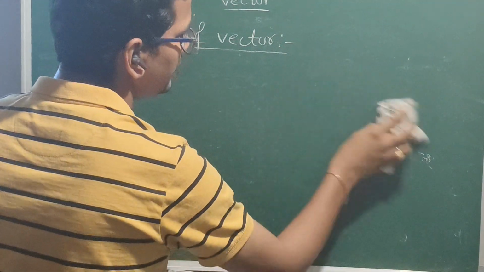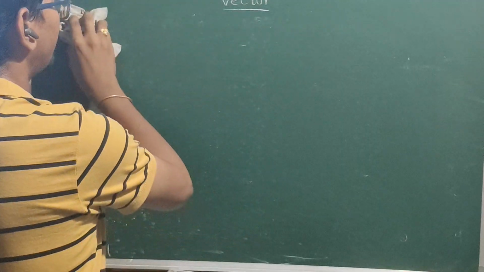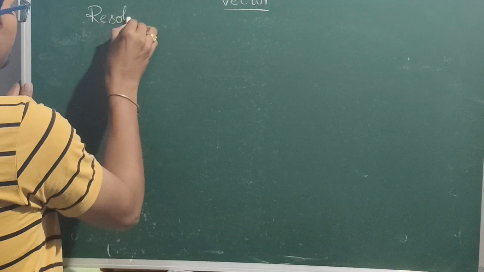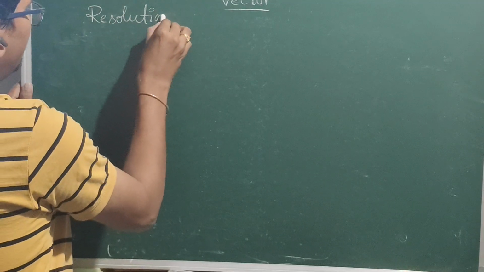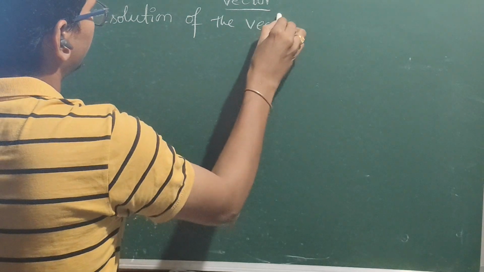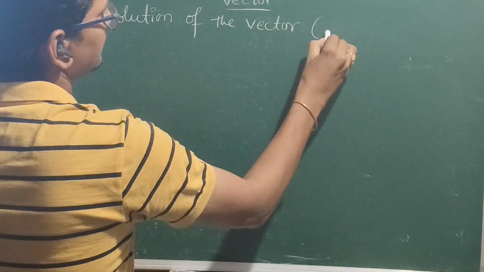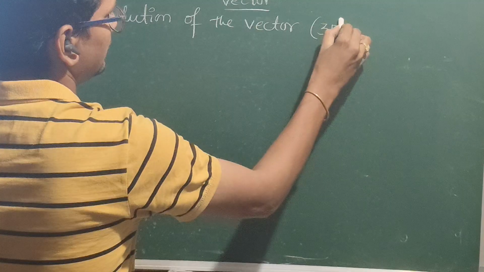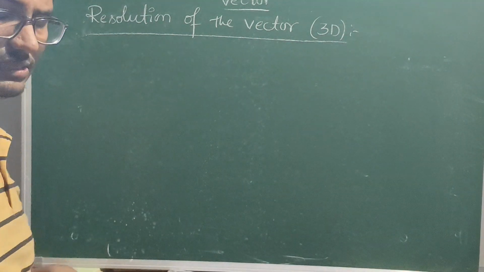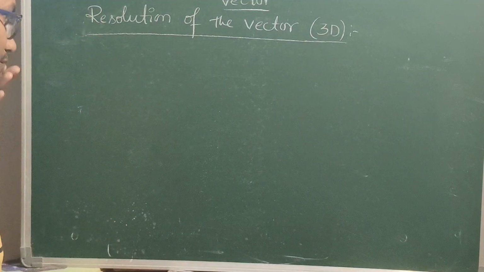If you want to find the resolution of the vector in three dimensions, three dimensions means it requires three coordinate systems.